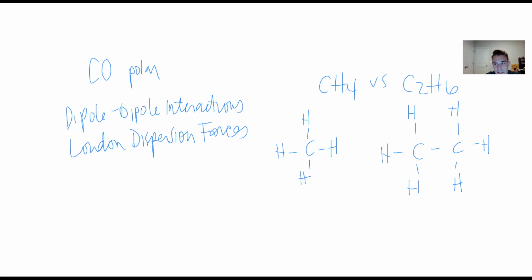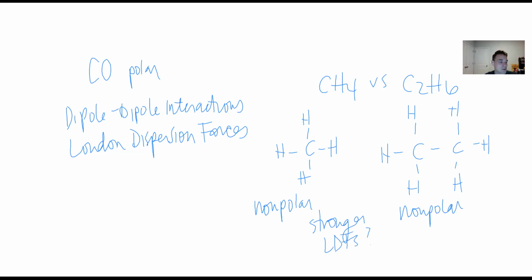And when we went through this, the C-H bond is nonpolar. So these are both nonpolar. Which one has the stronger London dispersion forces?